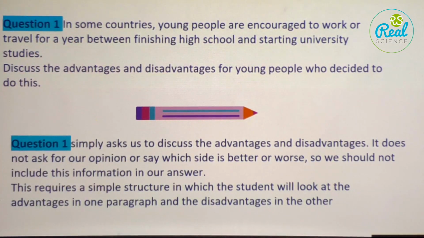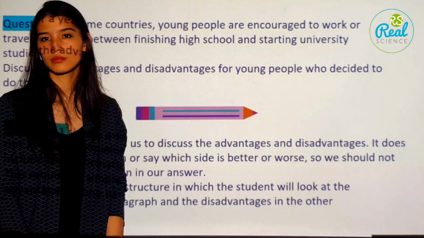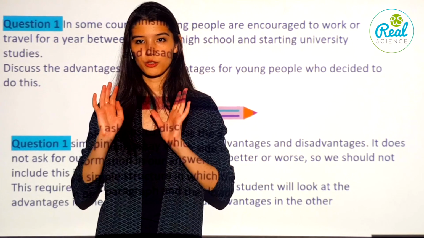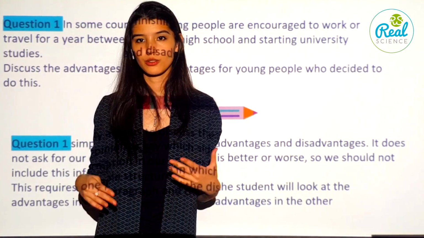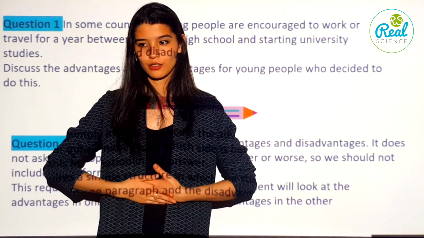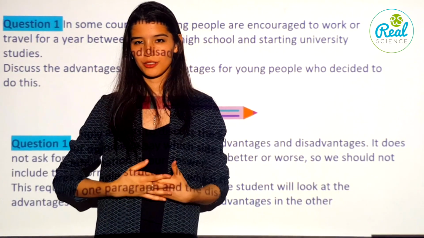So it's like having a gap year before starting university, right? Yes. You apply for the university, but if you don't go, you take a gap year. One year. It's very popular abroad.